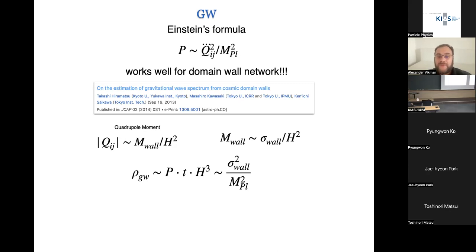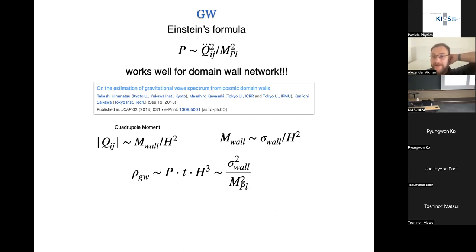So if you calculate now the energy density in gravitational waves emitted in this way, it becomes just tension squared divided by m Planck, with some coefficients, but coefficients are just some numbers. The interesting thing is that for normal domain walls, this gravitational wave density is constant.